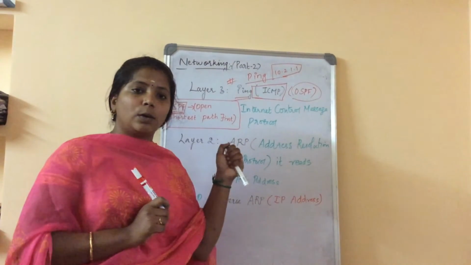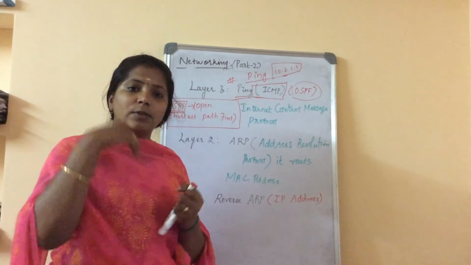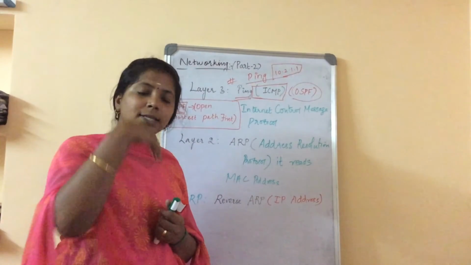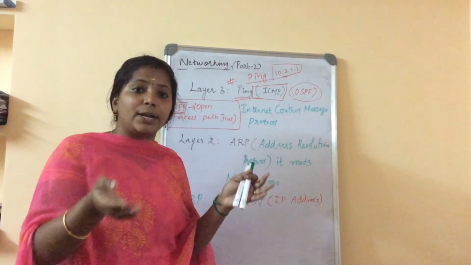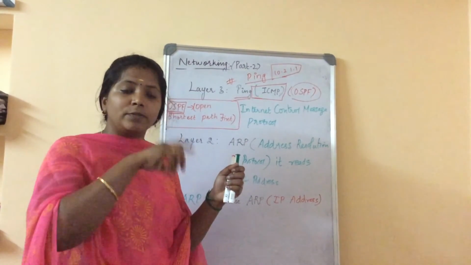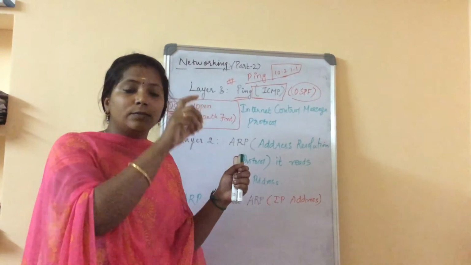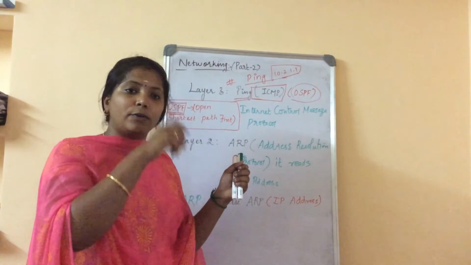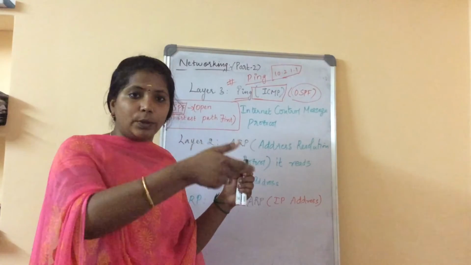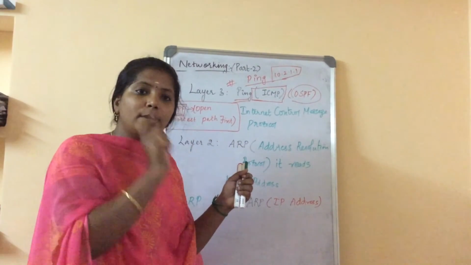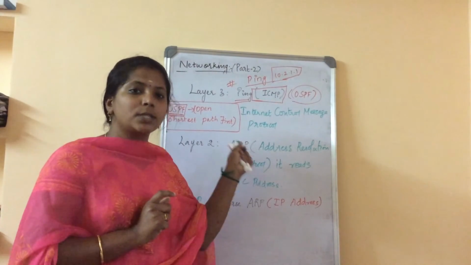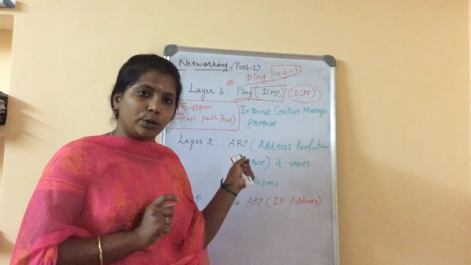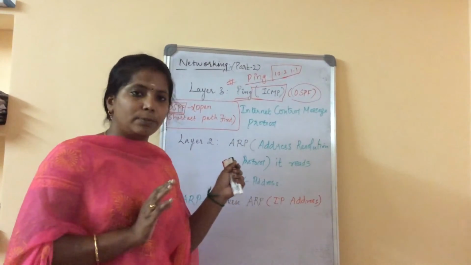OSPF comes in when the client and the server are in different networks. As I told you, if it is a different network, we should use a router for communicating over the WAN. So in that router, we use the Open Shortest Path First protocol, OSPF. Okay, I don't want to give you a detailed brief on this.